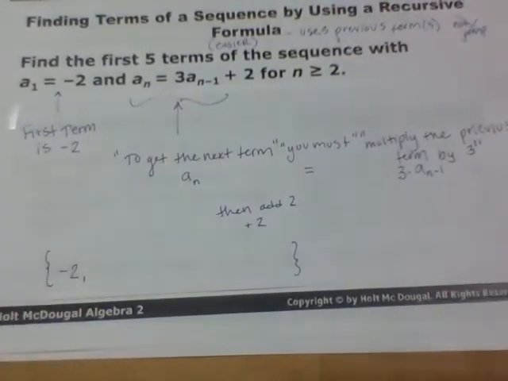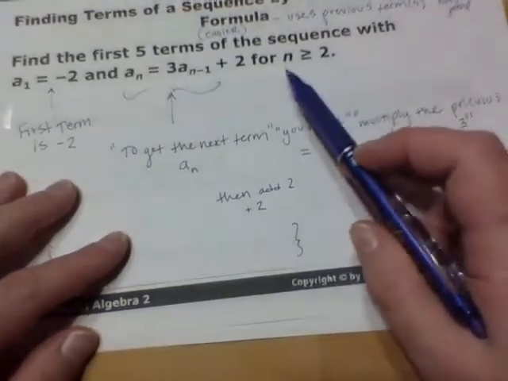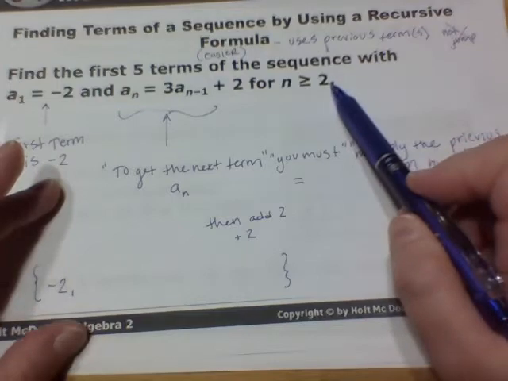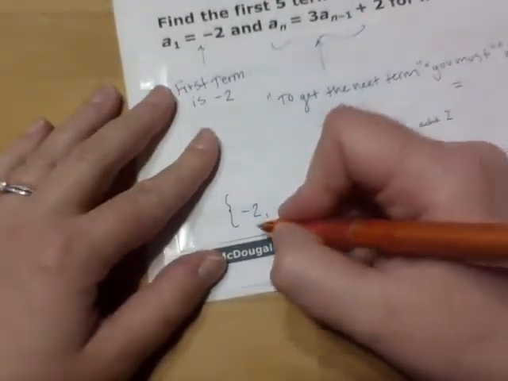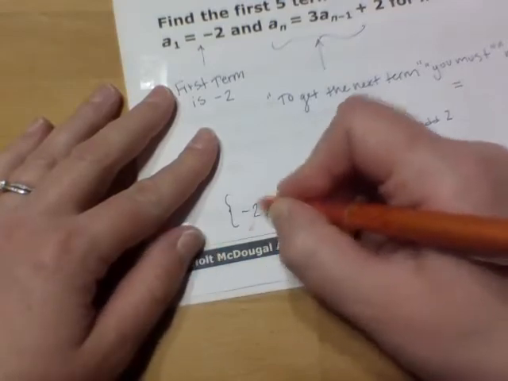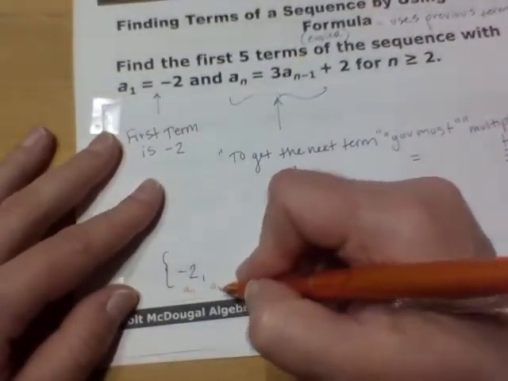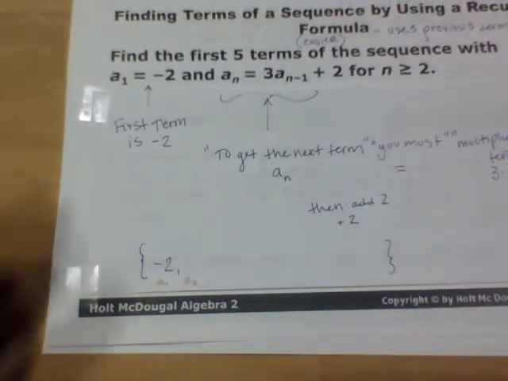They're also telling us that we're using this for term numbers that start at 2 because term number 1, a sub 1, was already given. So it's just saying that you can use it for a sub 2 on. And, of course, we're only going to 5 terms.